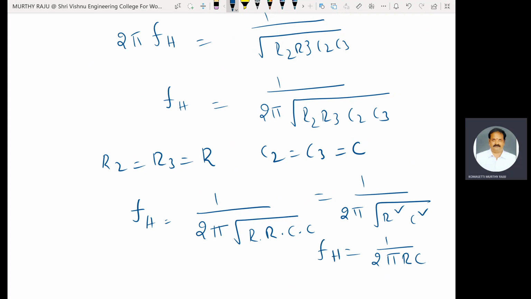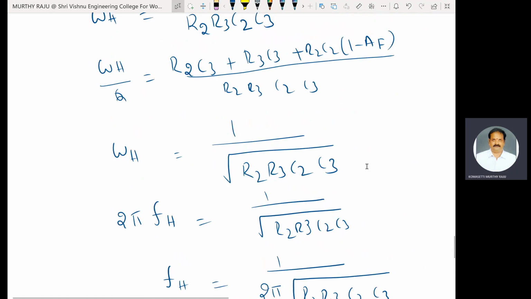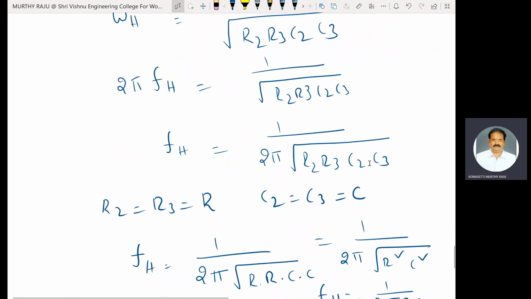Cutoff frequency of the Butterworth low pass filter. And find out the gain here.